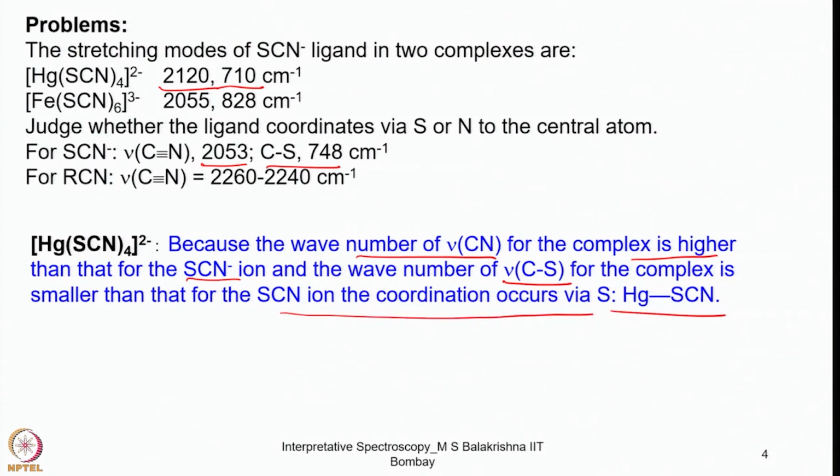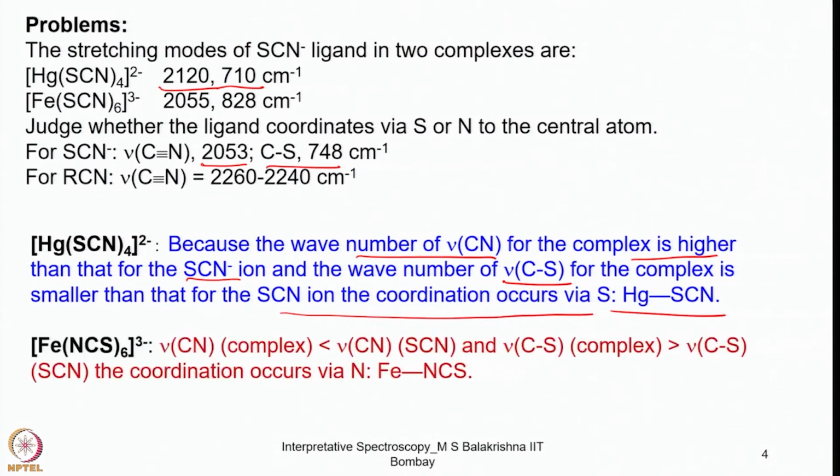And let us look into the iron complex. In case of the iron complex, if you compare the stretching frequency of CN, this is much lower here. On the other hand, the CS stretching frequency is much larger compared to the free ligand. That indicates probably in case of iron, N is coordinating to the Fe3+ center.